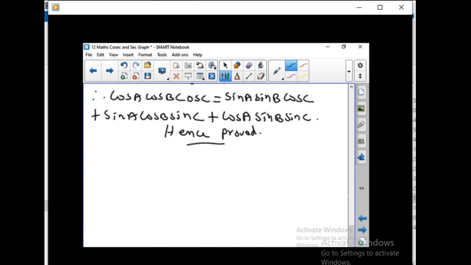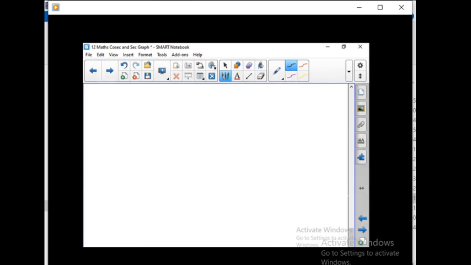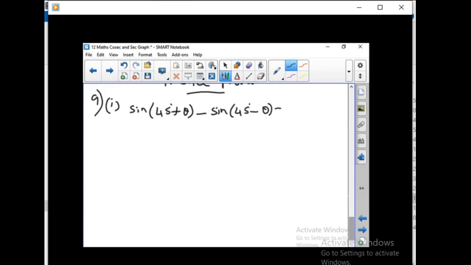Okay, now coming to question number 9. First subdivision we are going to do now. So, sin(45 plus theta) minus sin(45 minus theta) is equal to root 2 sin theta.